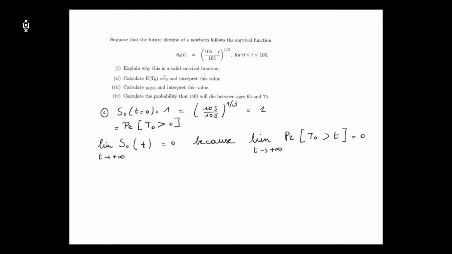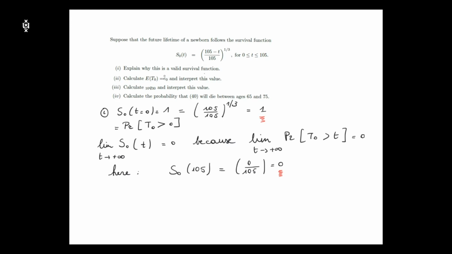Indeed, if you let t take the largest possible value, which in our example is 105, then the survival function evaluated in 105 equals 0 divided by 105, and that's indeed 0, right? So two important conditions are already checked. Our survival function starts from 1 and goes to 0 if t becomes large.